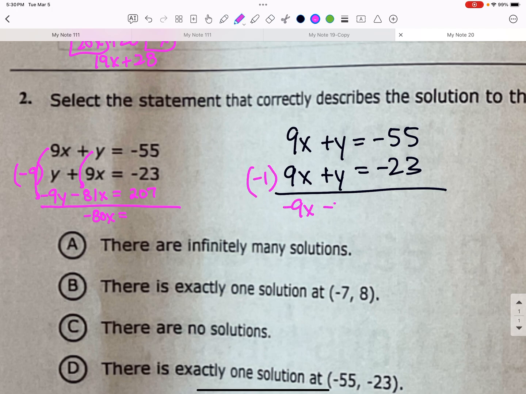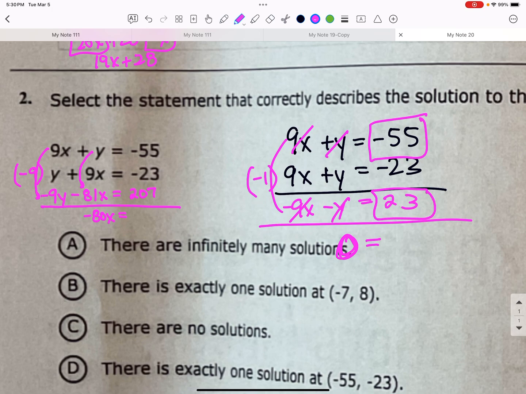Negative 9x minus y equals positive 23. So now when I do this, 9x's kill off negative 9x's, and y's kill off negative y's. I've got nothing on this side. Equals, let's see, negative 55 and 23 is negative 22. 0 does not equal negative 22. There are no solutions. Whoa, that one got me.